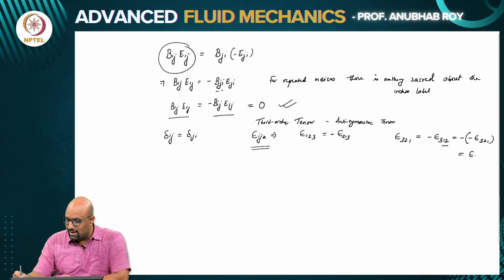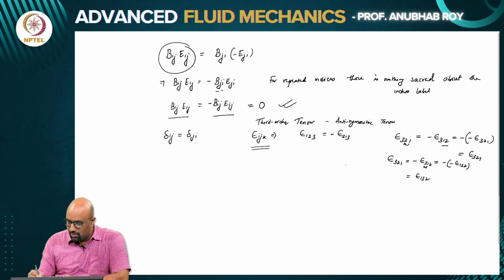So, that is a trivial statement, you recover the same thing. Every time you make an index hop one location, so you switch between 2 and 1, you pick a minus sign. You switch between 1 and 3, so if you write epsilon 3, 2, 1, that is minus epsilon 3, 1, 2. Now, you make 1 and 3 switch places, it will be minus of minus epsilon 1, 3, 2, which is plus epsilon 1, 3, 2.